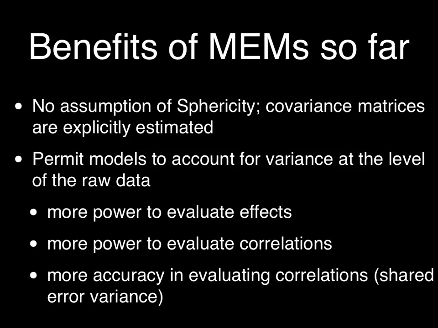That is, when there's shared error variance amongst measures, that can dramatically affect the gross correlation that one might compute if you just ignored the shared error variance, such that I've seen cases where you have a significant correlation between two variables by computing the typical approach by collapsing things to a mean.